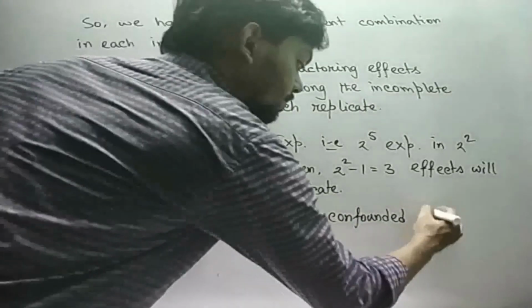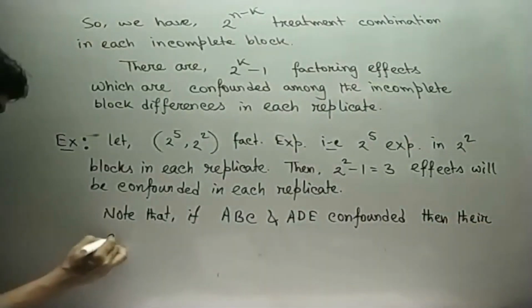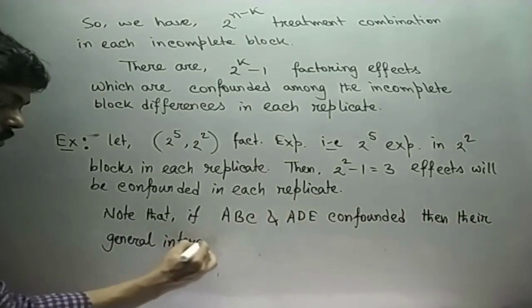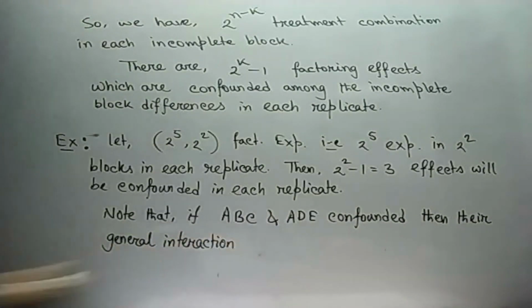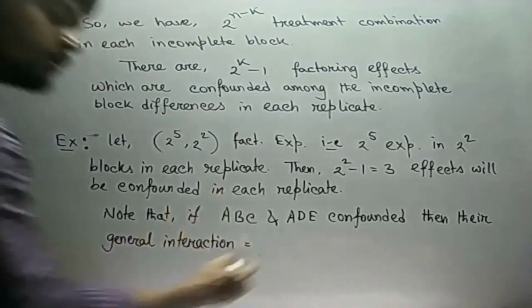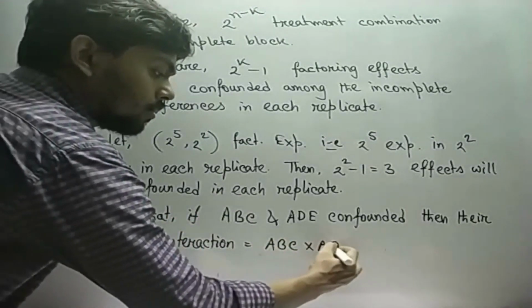Then their general interaction, which is basically ABC cross ADE, will also be confounded.